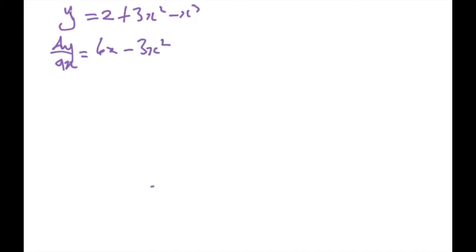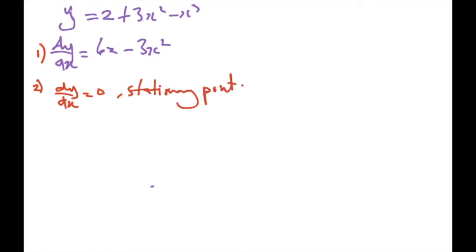Okay, to find the stationary point, your first step is to find the first derivative, and second, make the first derivative equal 0. So 6x minus 3x squared, you can take out 3x, giving 3x times (2 minus x) equals 0.